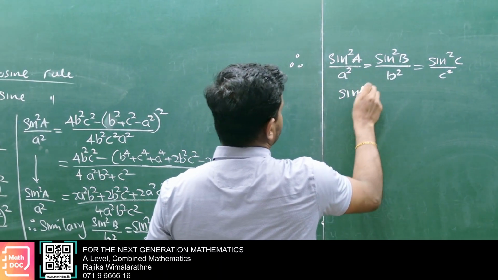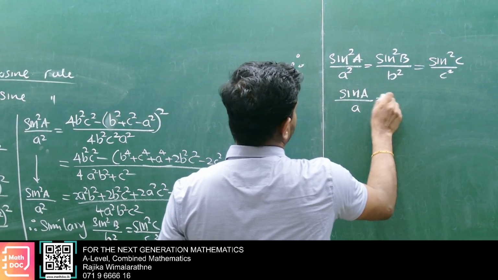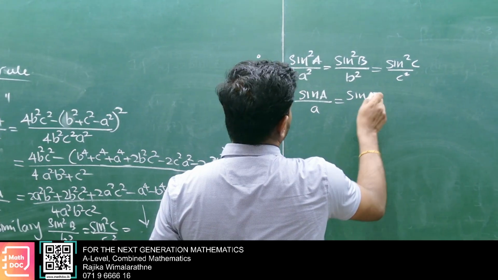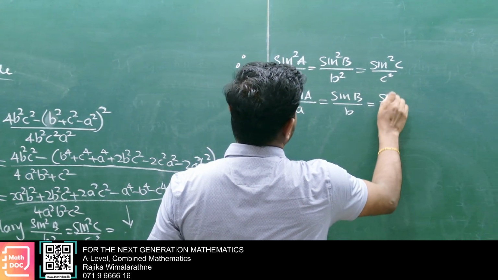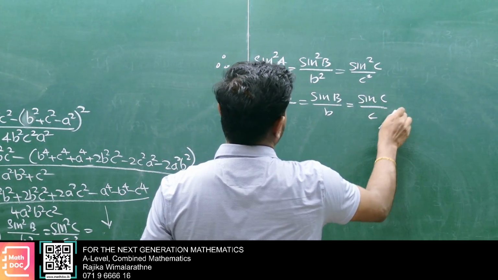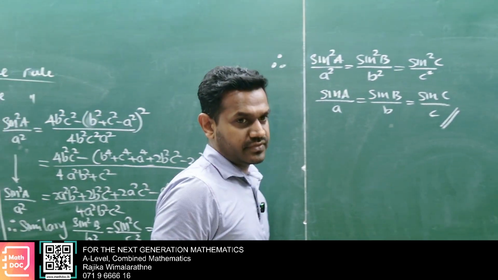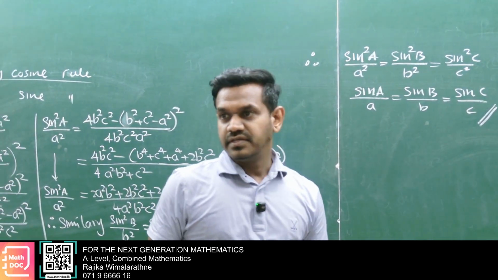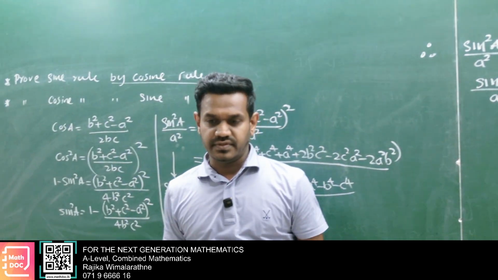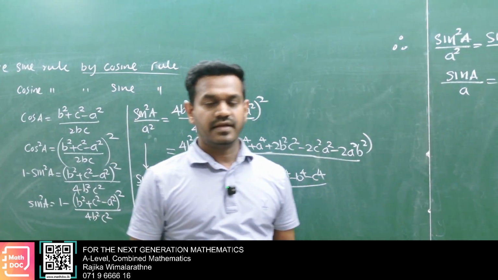Then sin A over a equals sin B over b equals sin C over c. That's how we prove the sine rule by the cosine rule. Okay, complete.